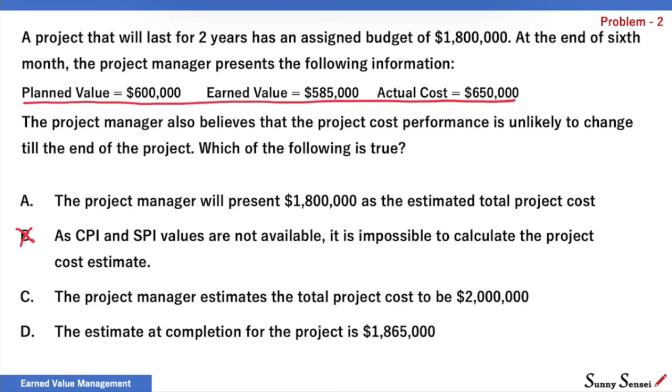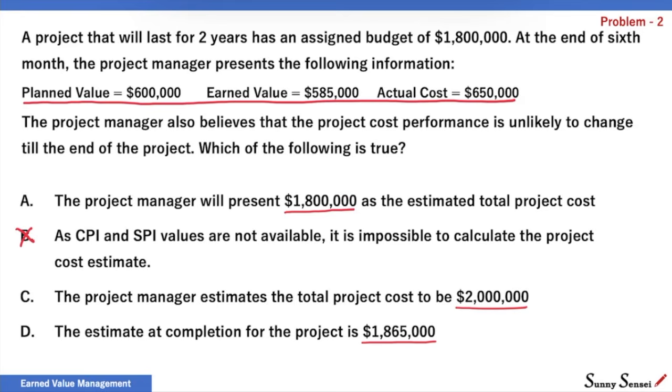A, C, and D might sound different, but they are all talking about EAC, estimate at completion. For A, EAC is $1.8 million. It is $2 million for C and $1,865K for D.